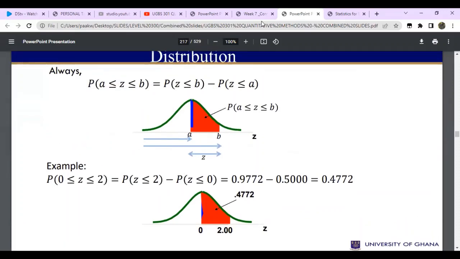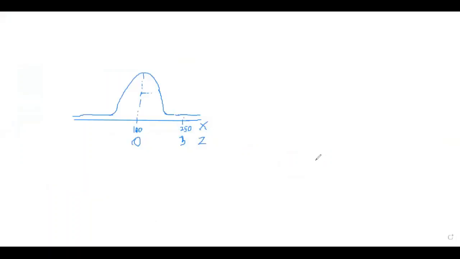So let me move on to the whiteboard. So let's say you are given your values in Z format.